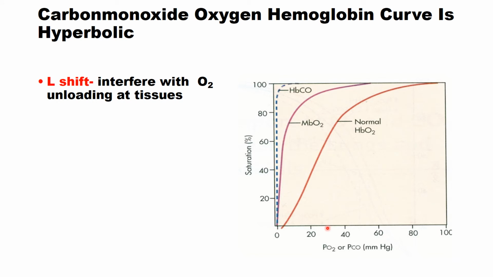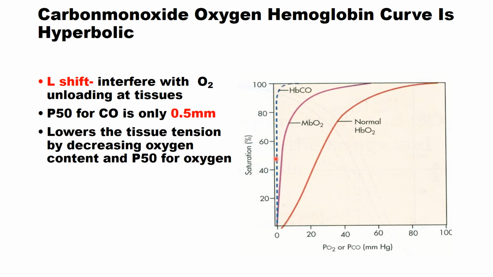Now when you compare it with carboxyhemoglobin, you can see that the curve has shifted along the y-axis, and when we compare the P50 for this carbon monoxide hemoglobin dissociation curve, we can see the P50 corresponds to just 0.5 millimeters of mercury, meaning thereby that carbon monoxide lowers the tissue oxygen tension by decreasing the oxygen content and P50 for oxygen, and it leads to severe tissue hypoxia.